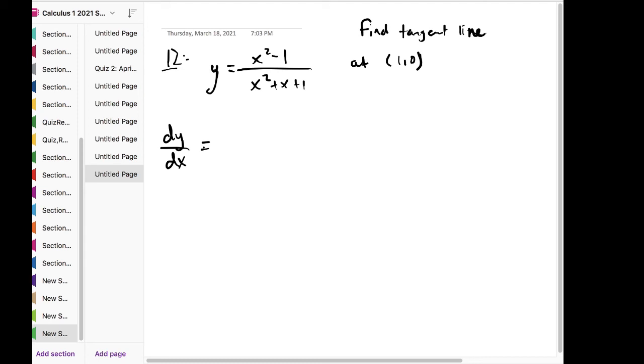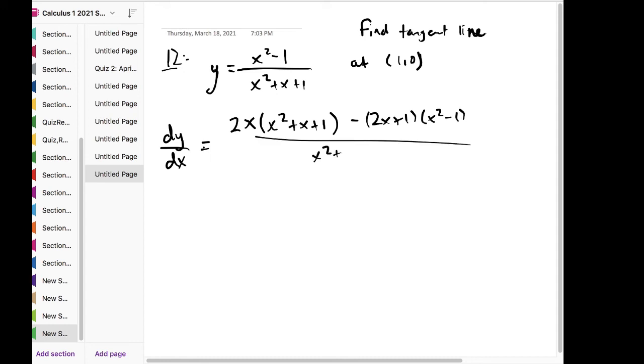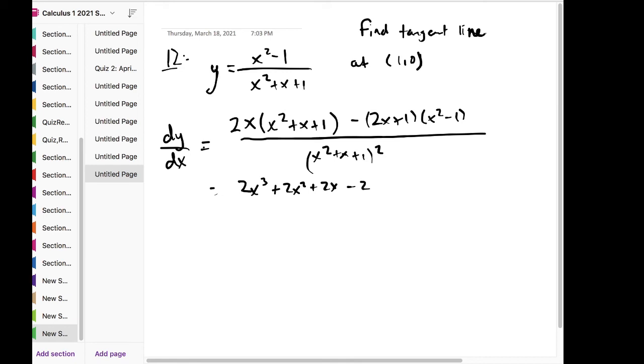Okay, 2x times x squared plus x plus 1 minus 2x plus 1 times x squared minus 1, over x squared plus x plus 1 squared. And that simplifies. So 2x cubed plus 2x squared plus 2x minus 2x cubed plus 2x minus x squared plus 1.